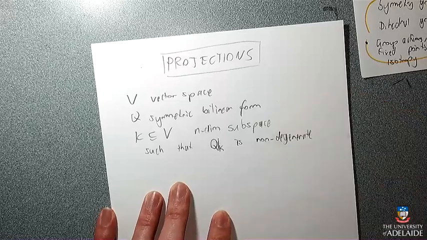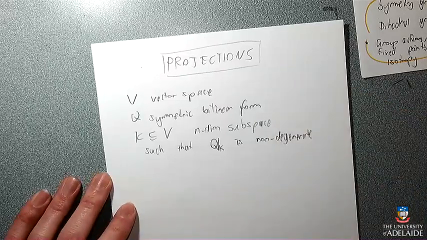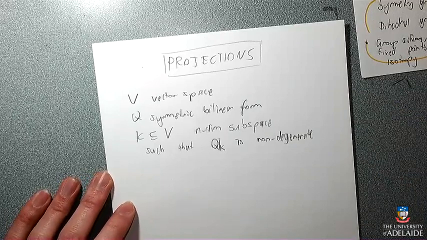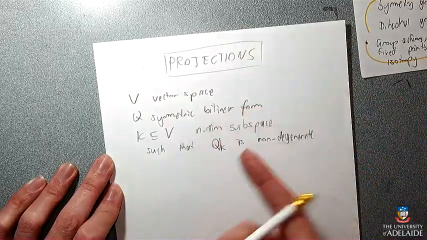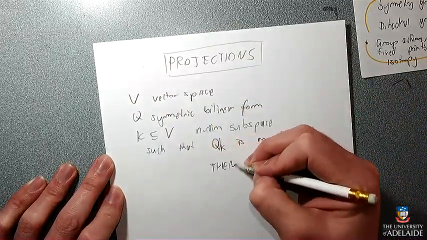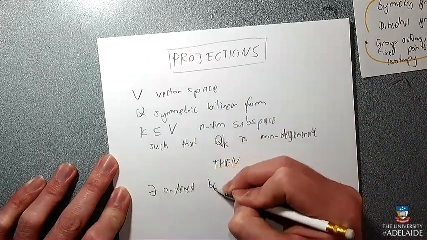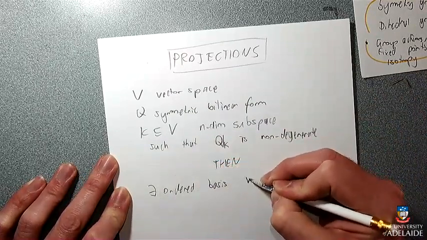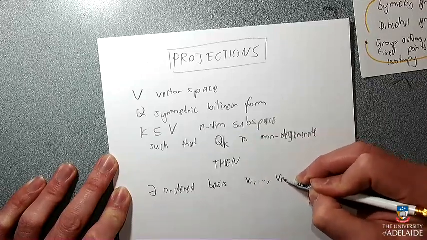Okay, and there exists an ordered basis for K such that, okay, so this is the beginning information that we had here. And of course we call them V, because why wouldn't we call them K? That would be so much easier anyway.